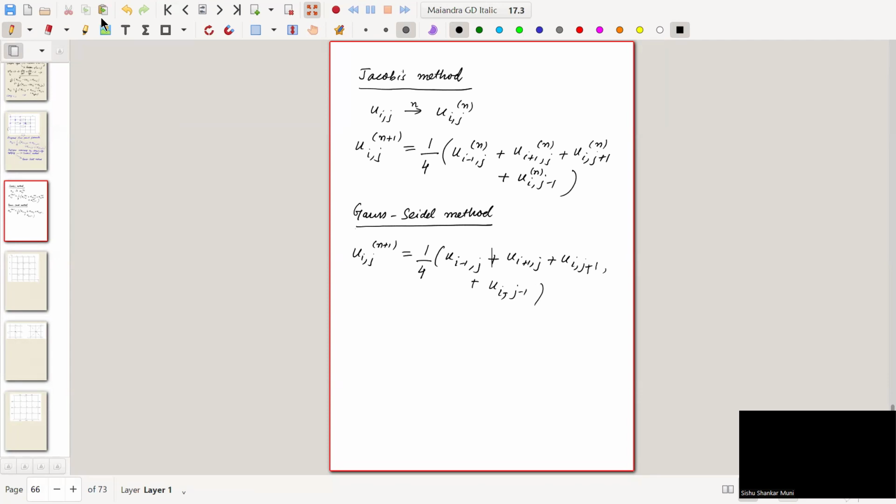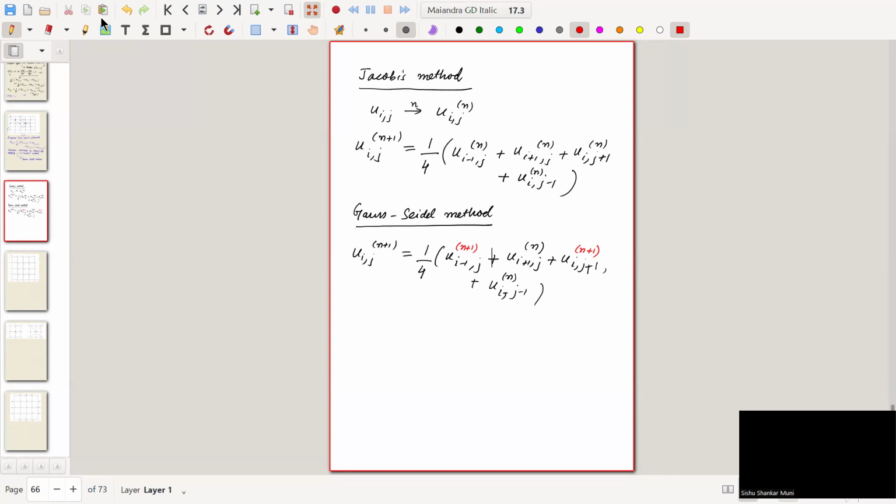Just depending on n. So I'll mark those first here as n. Then there is something new here. The other two quantities will depend on the n plus 1th step. In the previous method, all of the neighbor quantities were at step n.